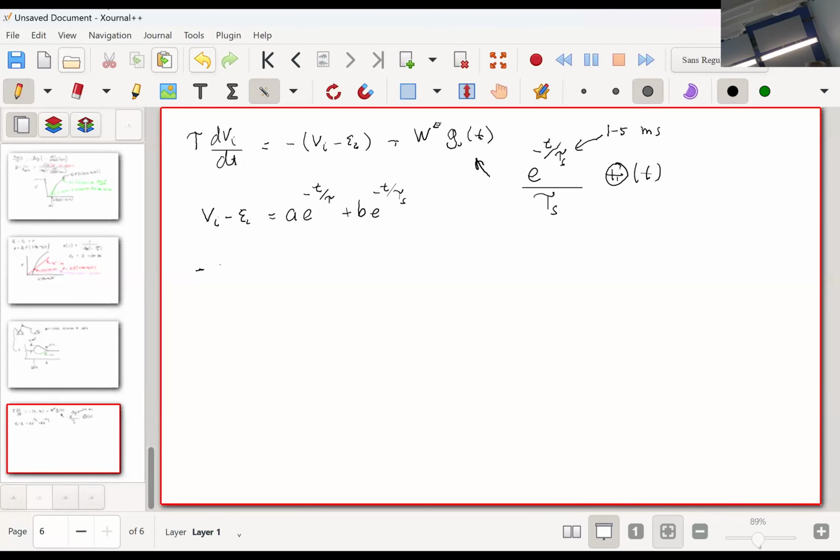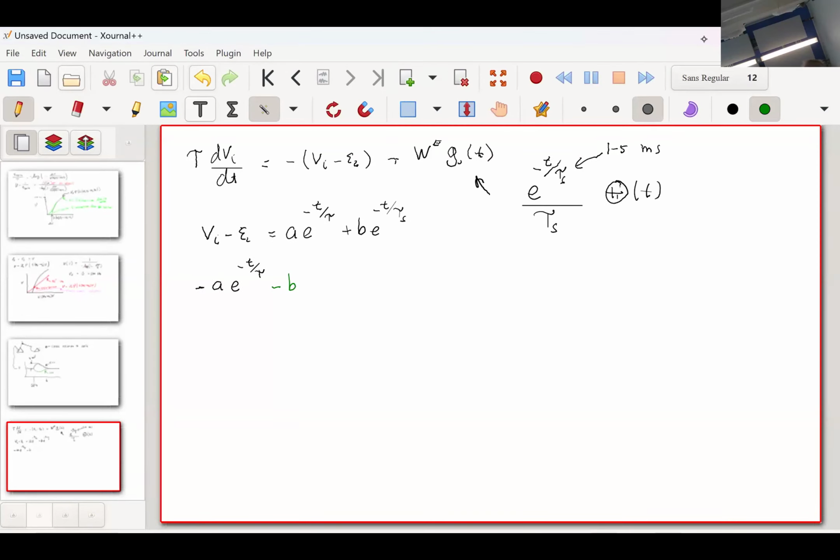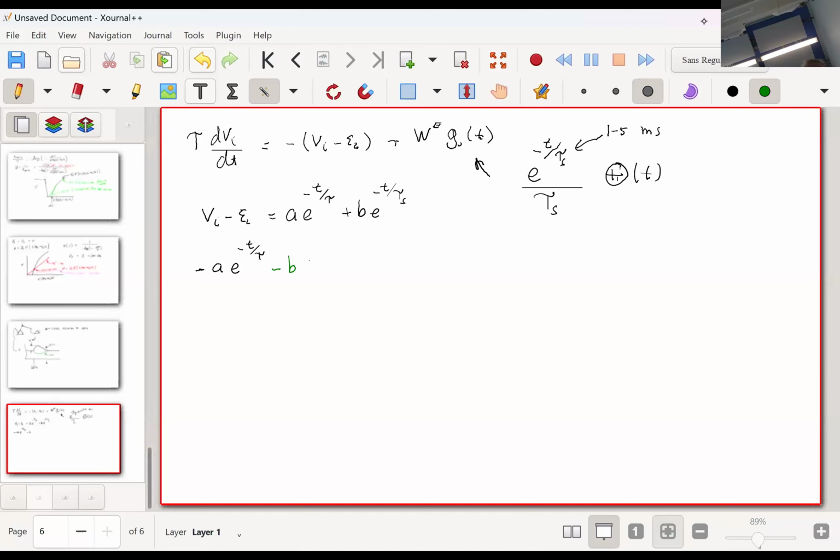So we get minus A e to the minus t over tau. I'll do these in different colors. Minus B tau over tau s e to the minus t over tau s equals, now we're looking at this term here.